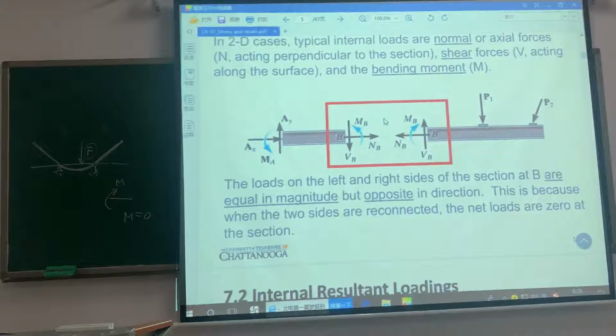So we have to know how to find the internal force. How to find the internal force belongs to statics. It's the reason why I introduced statics in the first lecture. Understand?